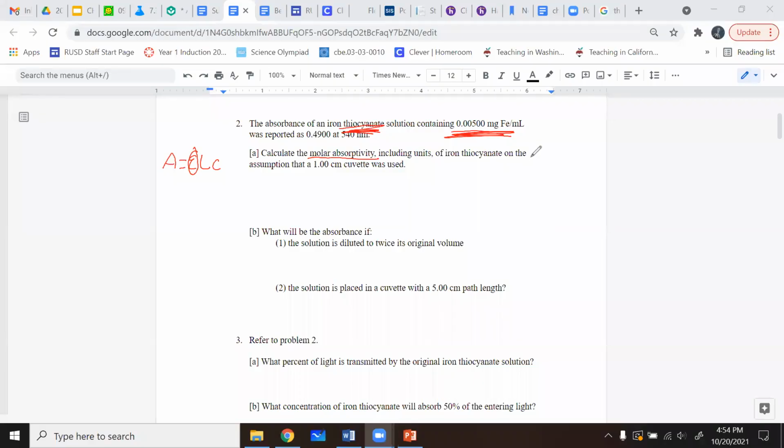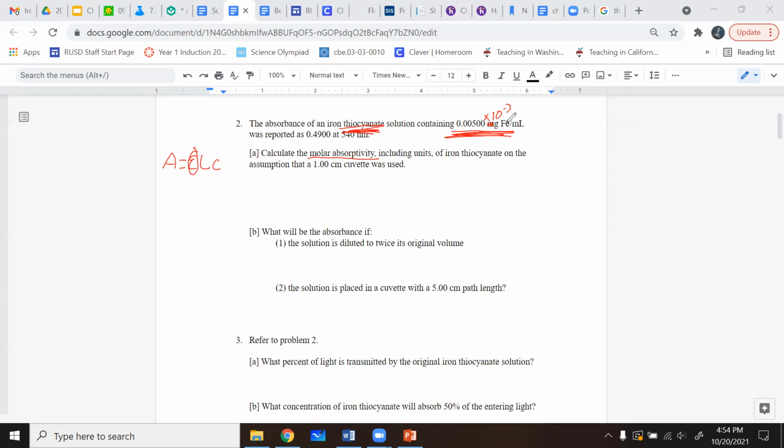So as I was saying, our first piece of information tells us that we have 0.00500 milligrams of iron per milliliter. So we first want to convert that to grams, but that's pretty easy. All you have to do is tack on a times 10 to the negative third onto that. Okay, and that's going to change our milligrams straight over to grams, because we want to convert grams to moles so that we can get a concentration, which is what we're going to use in Beer's law.